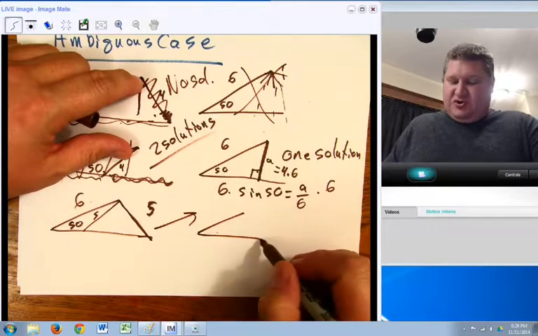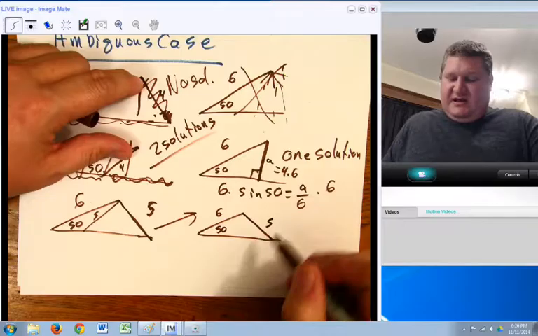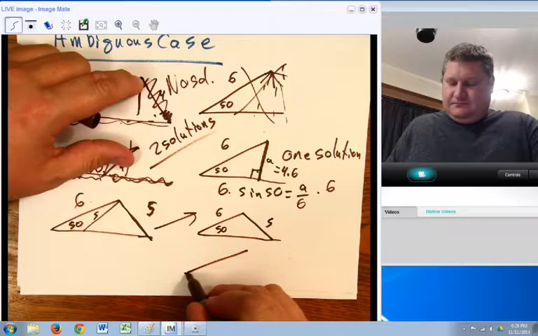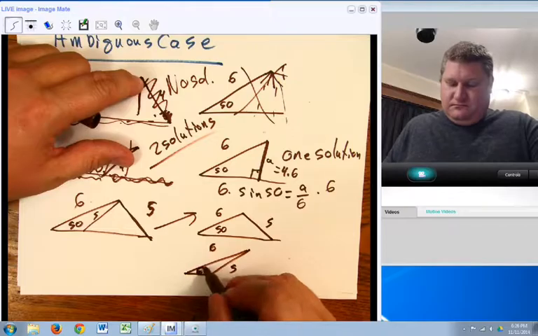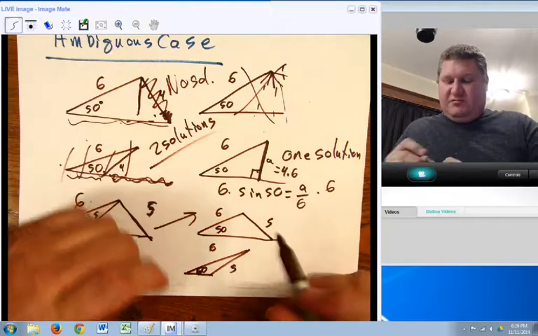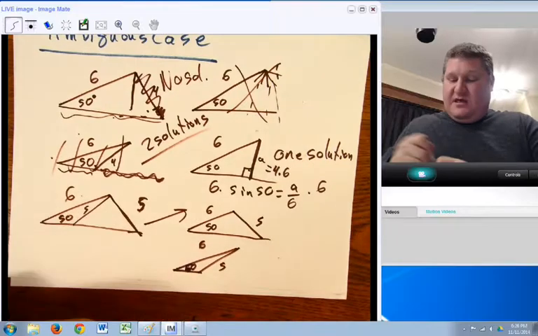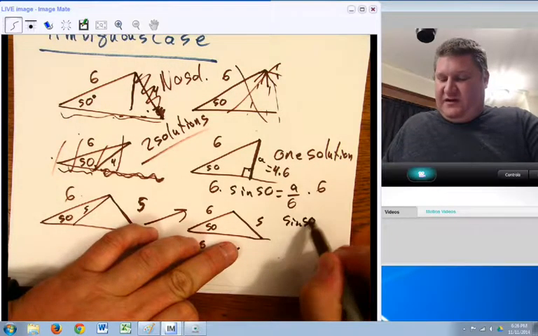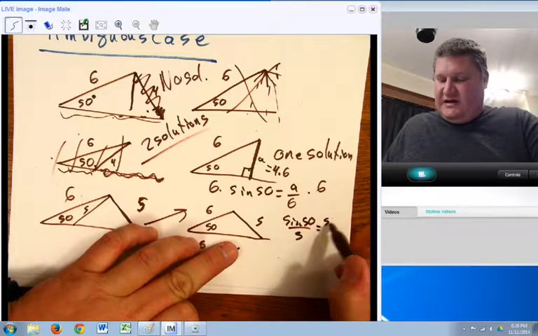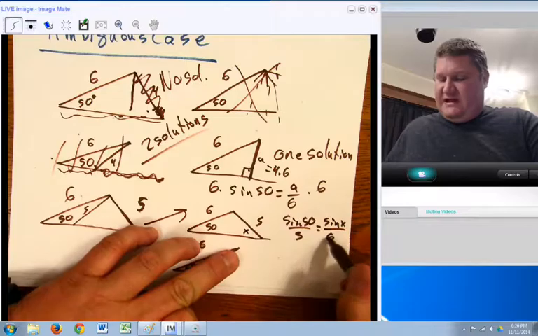Now, to solve both options, we simply do the following. Split it into two problems. Let's do law of sines on this one. And it comes up with sine 50 over 5 equals sine x over 6.